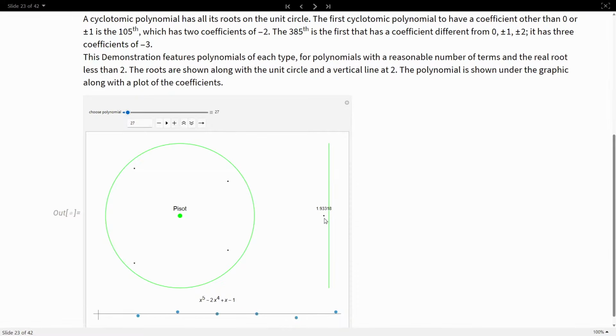It counts as a Poisson number if this real root is less than 2. You can see there's more and more of these Poisson numbers. And as we continue to scroll out, we start getting Salem numbers and other values.